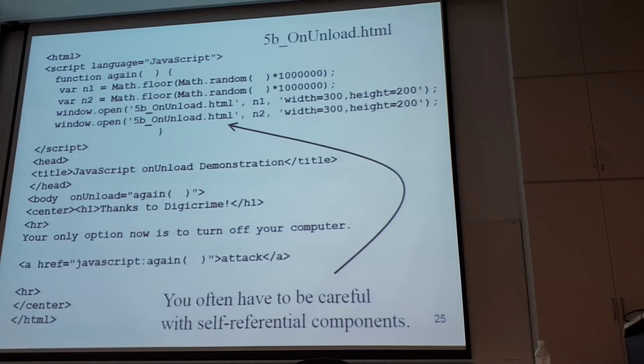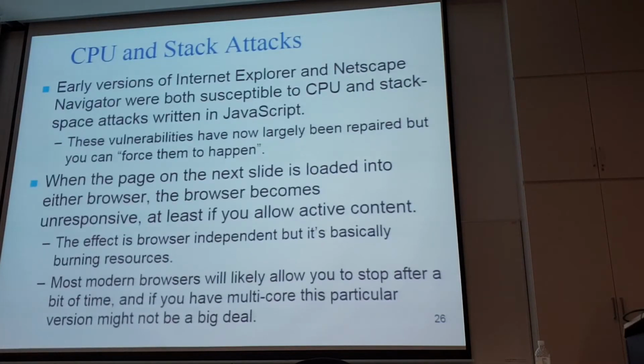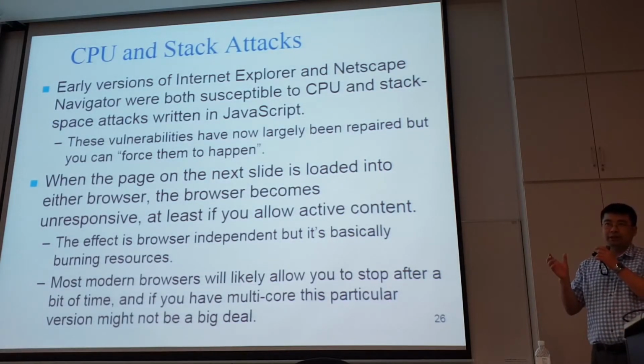So if you enable this active content, then it will have this kind of problem. You can also burn the CPU, or burn memory, like the stack. We know every time you call a function, we create a new stack in the memory.